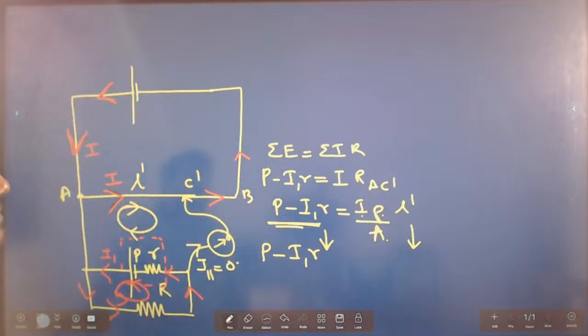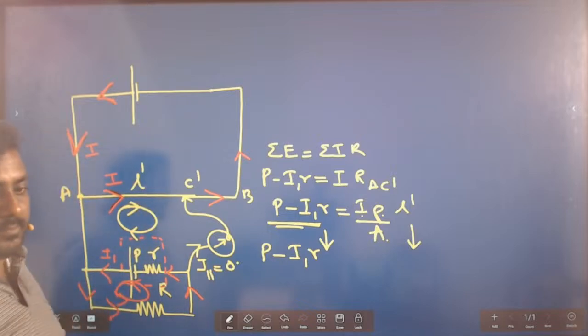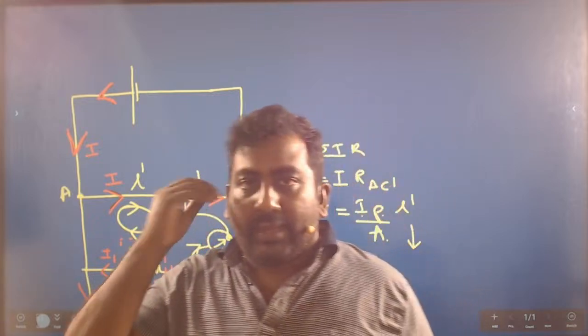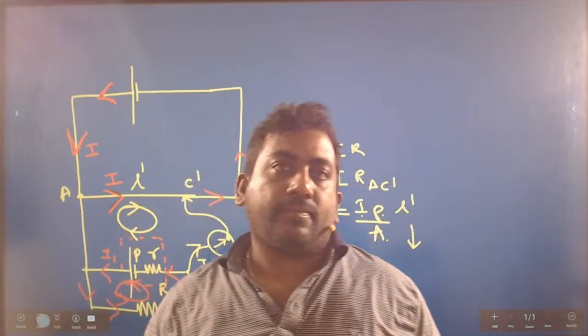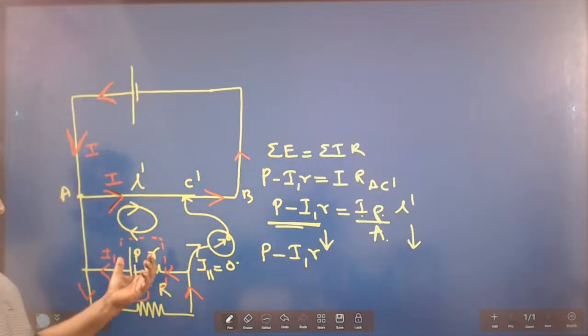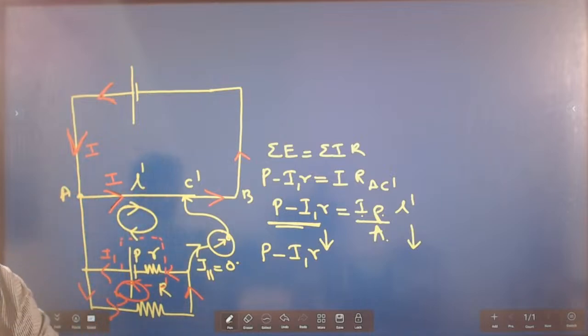Don't write all of this. If we connect a resistor in parallel, we can say that the terminal potential difference will be balanced along the potentiometer wire.